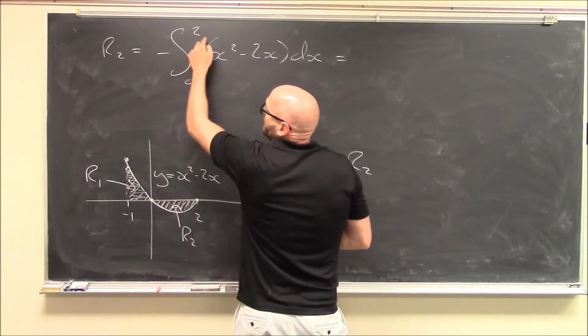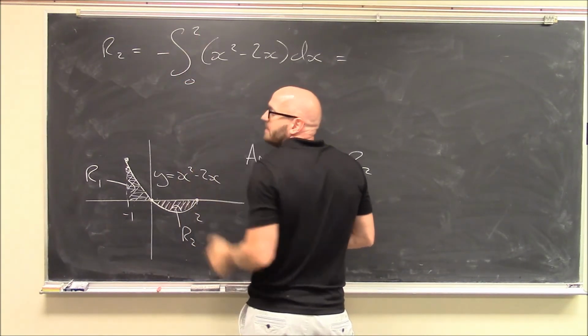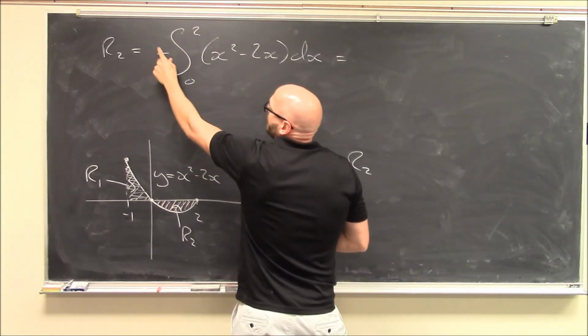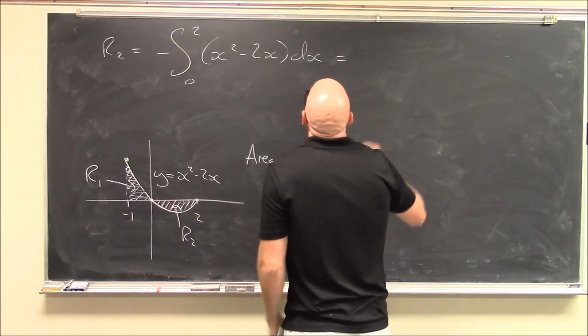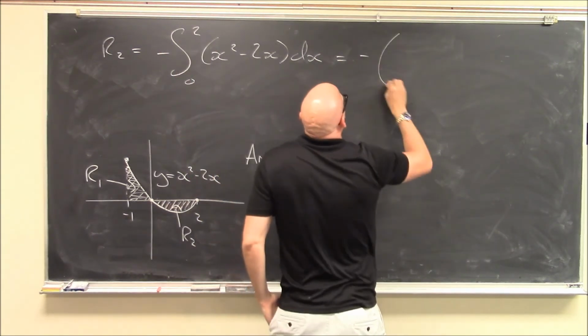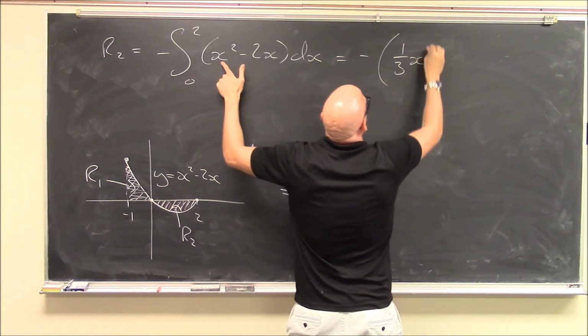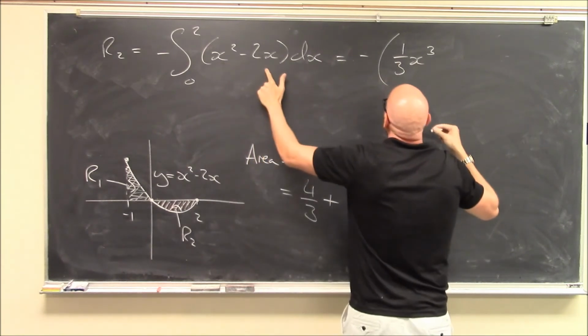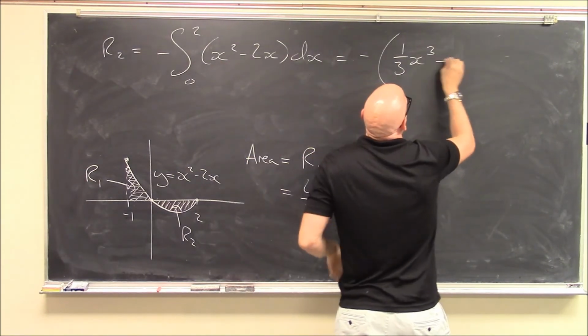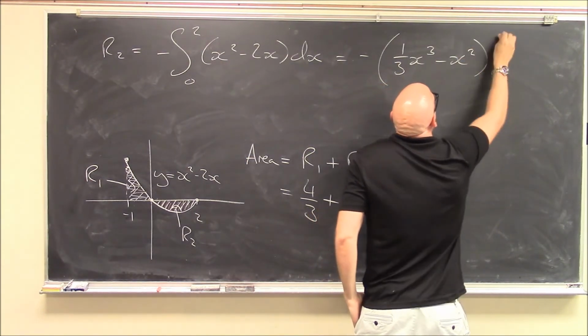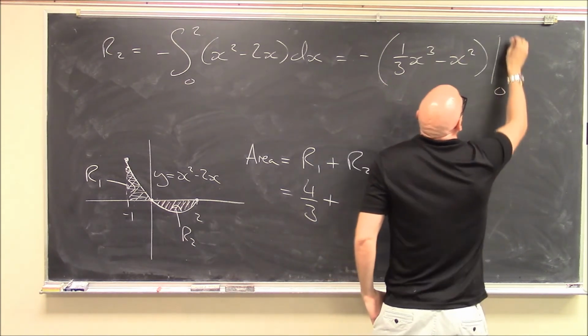I could work the minus in here. I could interchange the bounds, make this 2 to 0, and the minus would go away, but we don't need to. This would just be minus 1/3 x cubed. We actually already did this last time. We found an antiderivative. 1/3 x cubed minus x squared, going from 0 to 2.